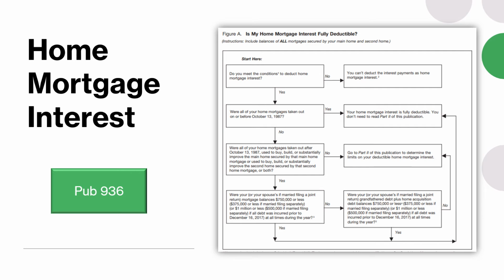But if they say no, they used some of it for the home, and they cashed out a little bit for paying off their student loans, or anything else that's not either for the home or an improvement to the home, then we might need to do an allocation. The portion of interest that applies to the debt for the home can be deducted, and the portion of the interest that applies to the portion of the loan that was used on those other things is not deducted.